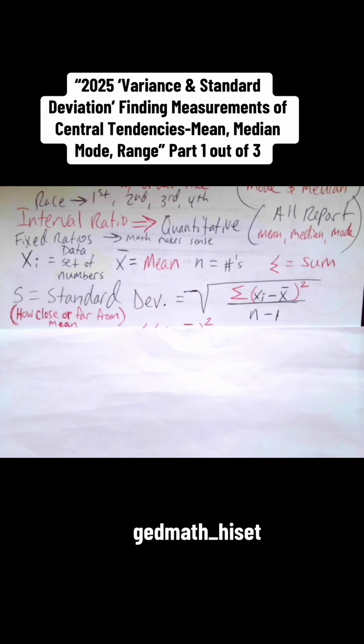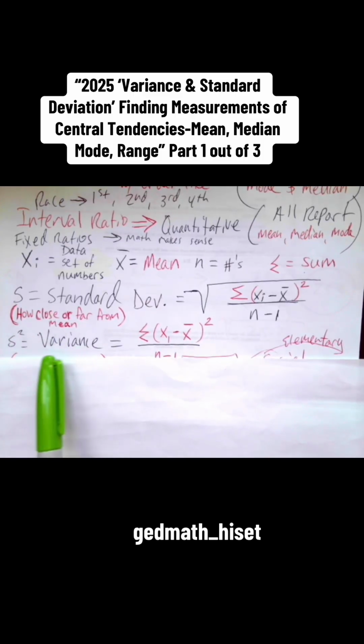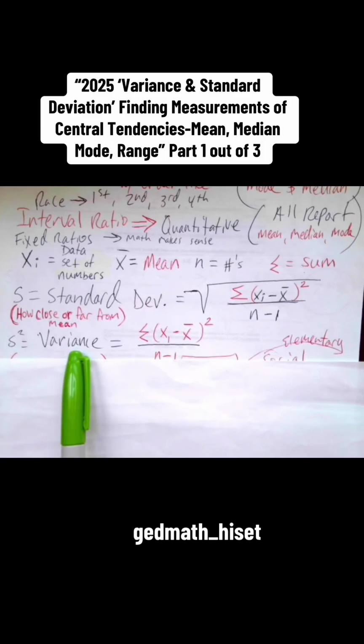And this is our formula that you see here for the standard deviation, right? And let me just come here down below. So this is s squared, representing your variance.